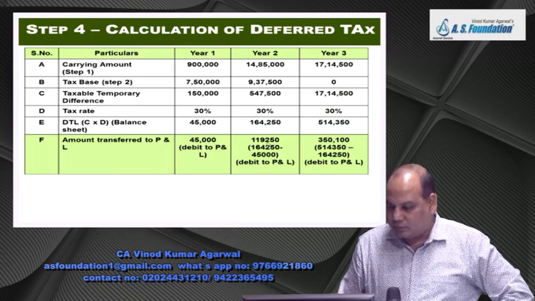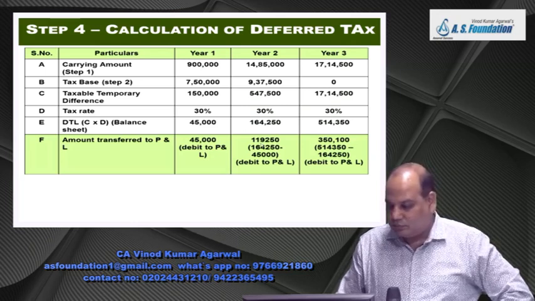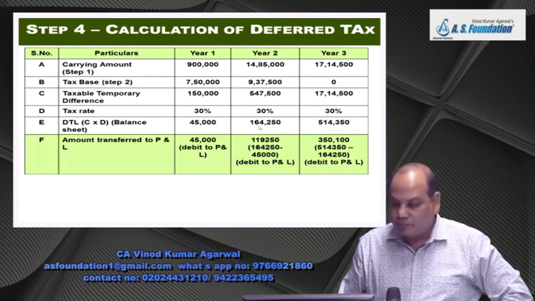Then second year, our DTL has further increased, 1,19,250. The difference, additional entry I'll pass. P&L account debit to DTL 1,19,250.